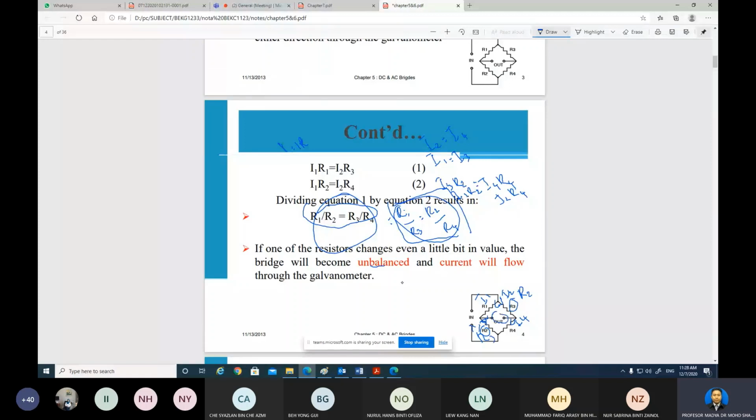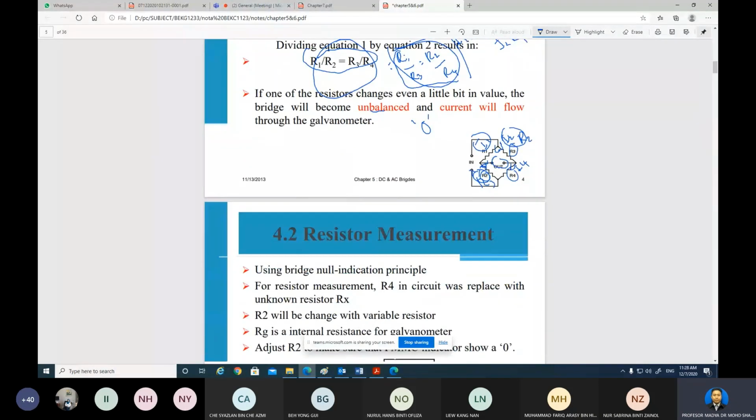If the bridge is balanced, the voltage here will be the same as this one, so the galvanometer will show the zero value, the null. That is the balance.